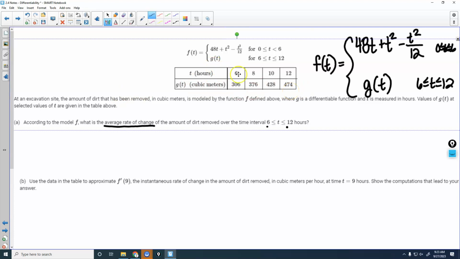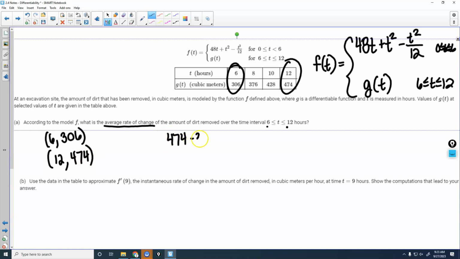But slope through the endpoints we can do with a table, right? So we would have the point 6,306, and we would have the point 12,474, and we would do slope formula, 474 minus 306 over 12 minus 6.